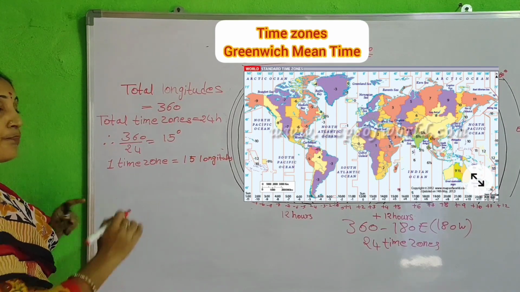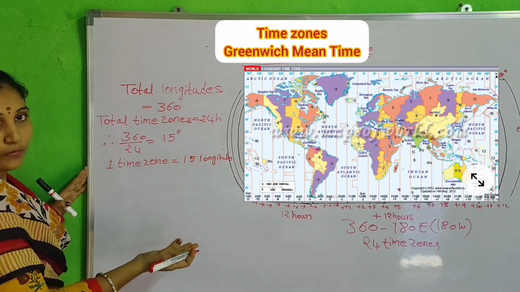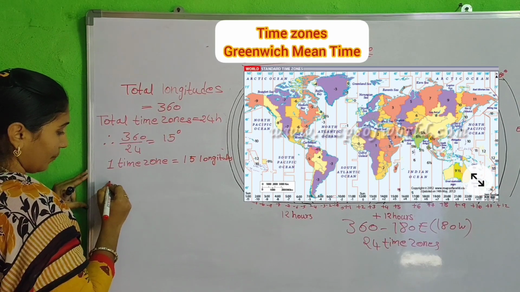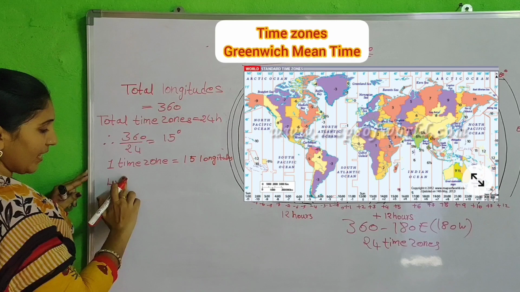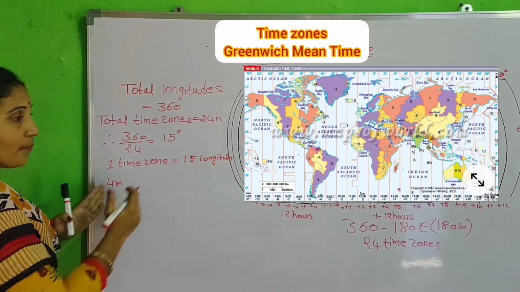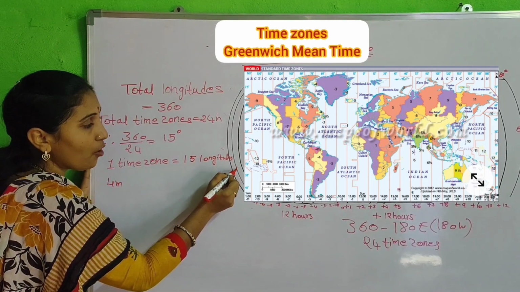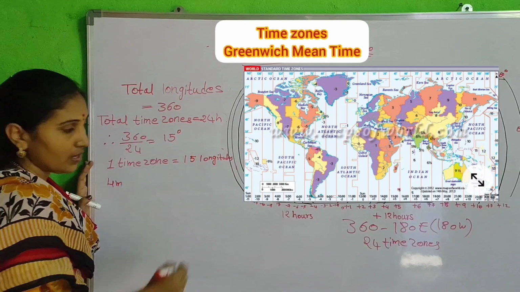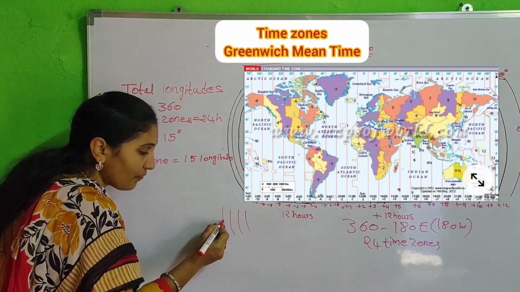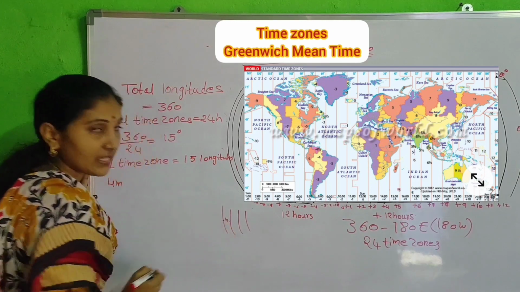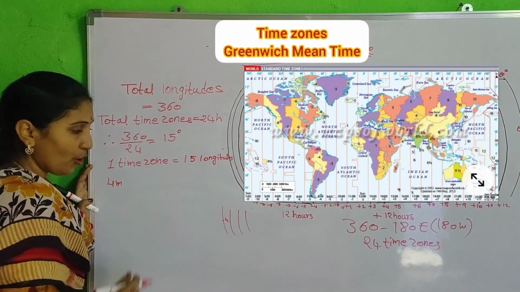Now coming to each zone, how much time is it taking? 4 minutes. It takes 4 minutes to travel from one longitude to another longitude. Suppose these are the longitudes. To travel from here to here it takes 4 minutes.